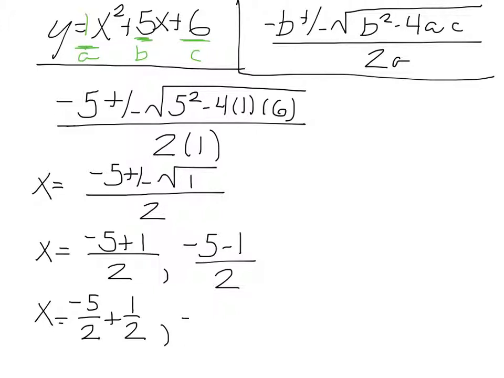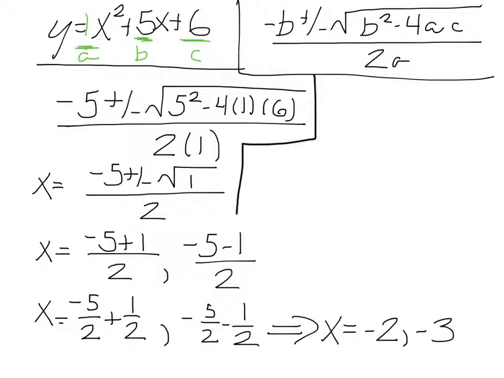My second solution is negative 5 over 2 minus 1/2. And if I do that algebra, I get that x is equal to negative 2 and negative 3.